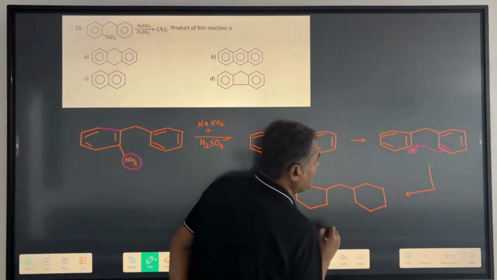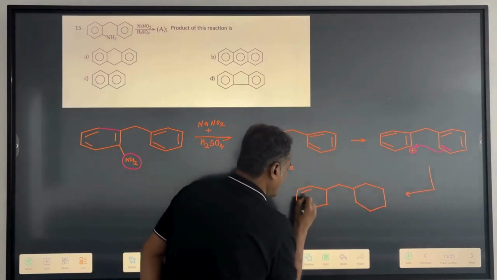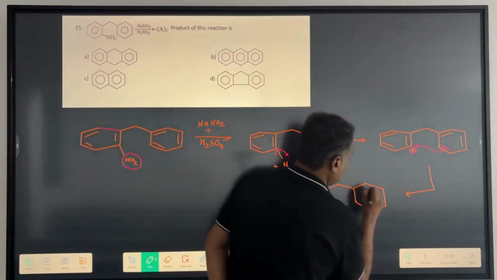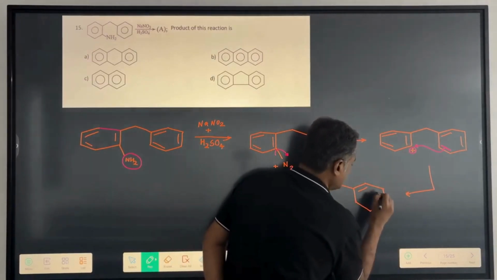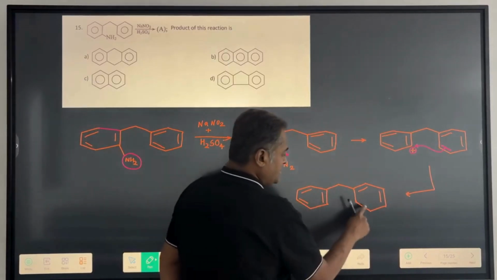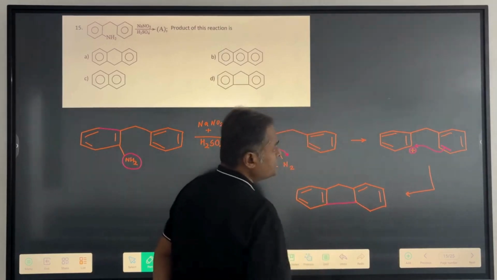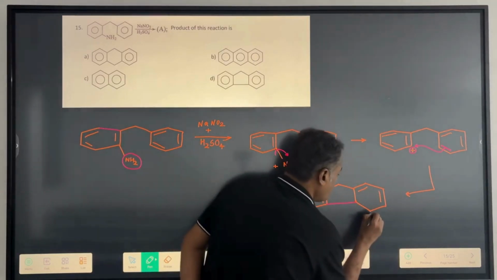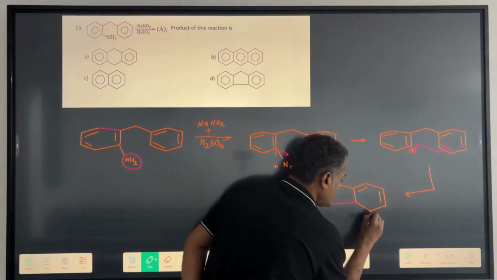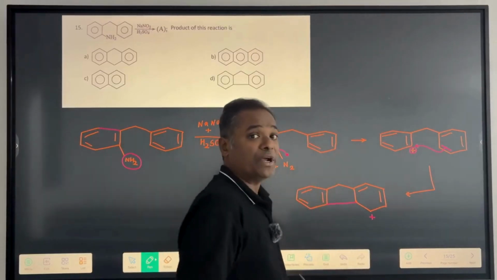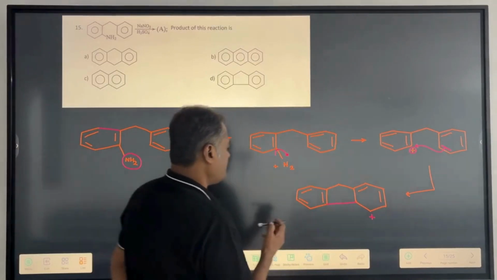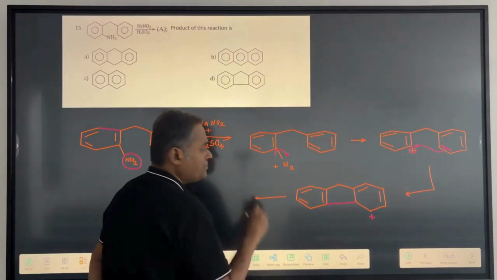Now what has happened? These bonds are shown as they are, don't change them. Even this bond is as it is. Now this bond has shifted, and over here this has formed the bond. Because of that, the bond electron has been lost, so you get a positive charge.